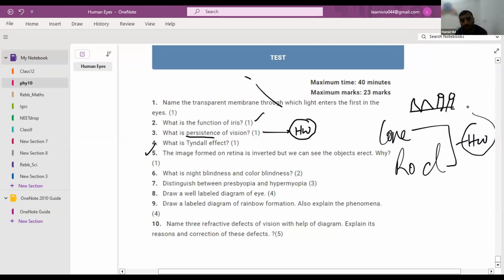What is night blindness or color blindness? I think answering color blindness is easier. So who will answer? Tejasvi, will you answer the color blindness? Yes, sir. When the person lacks cone cells in the retina, they can't see the difference between the colors.